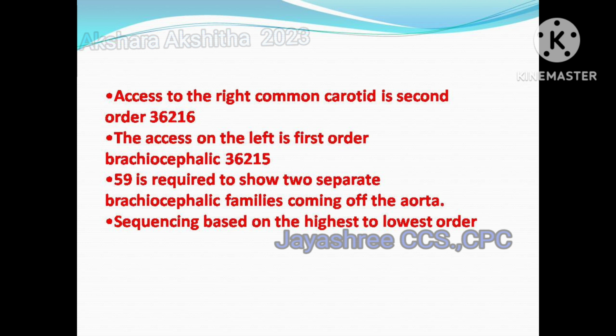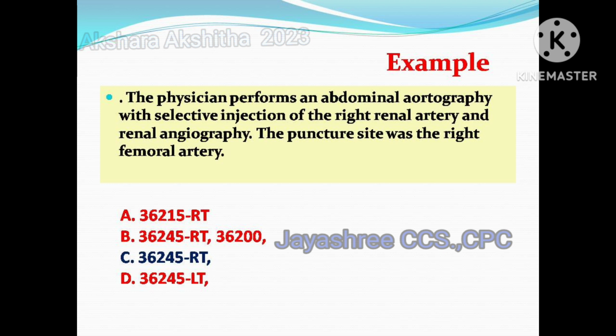I didn't give that in those examples, but usually in the exams they will give the 7 series also. Wherever imaging is performed, we have to code the 7 series additionally with the 26 modifier. Here they performed imaging of the common carotid artery, so that 7 series code we have to code additionally.